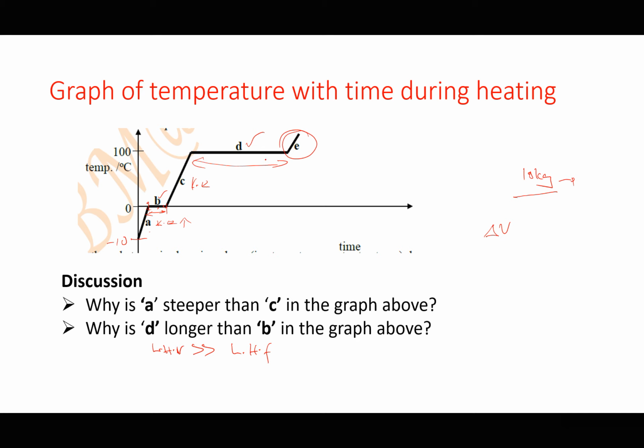Kinetic energy is not changing, but the potential energy of the molecules is the one which is increasing. In all cases, the internal energy of the system increases because internal energy is the sum of the random distribution of the kinetic and the potential energies of all the molecules that make up the system. Whether the kinetic energy is not changing but the potential energy is changing, the internal energy is changing.